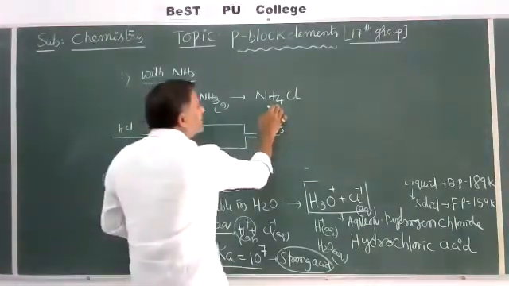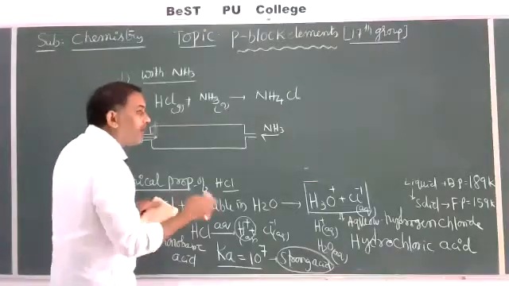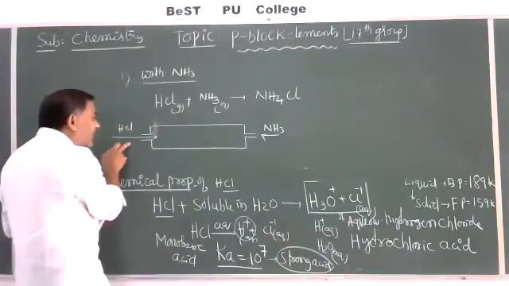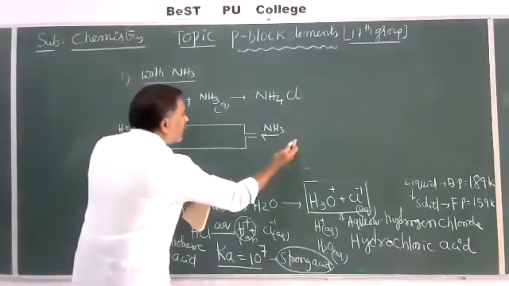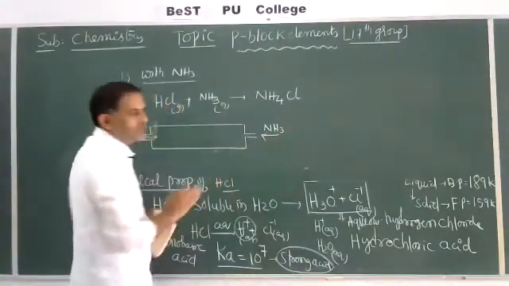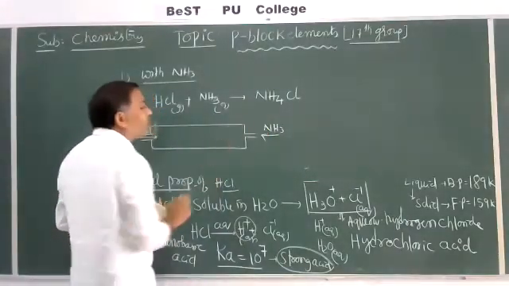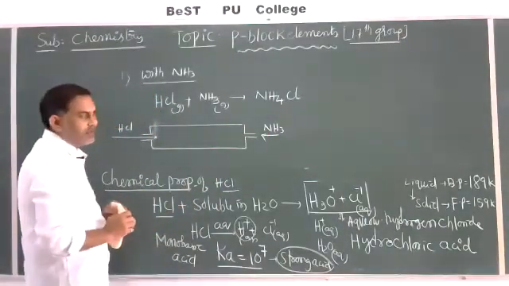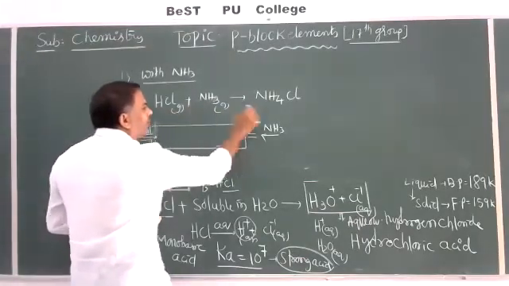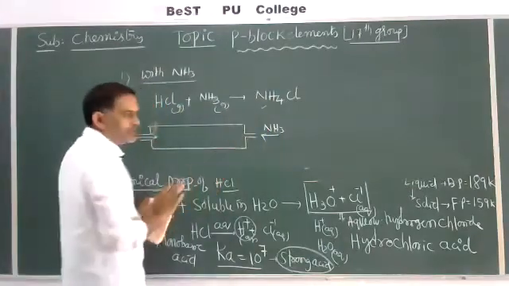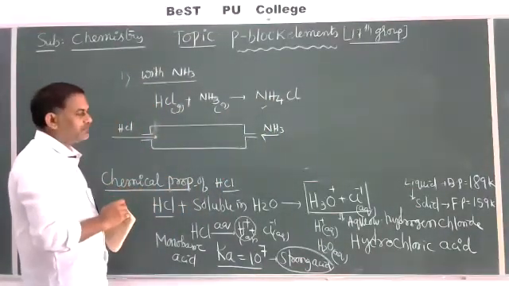White dense fumes of ammonium chloride form nearer to the hydrogen chloride end or the ammonia end. Hydrogen chloride and ammonia react to form ammonium chloride, no doubt, but the question was created as a creativity question in IIT.